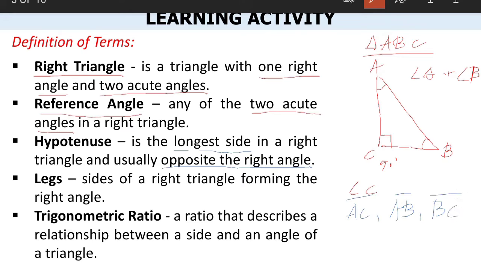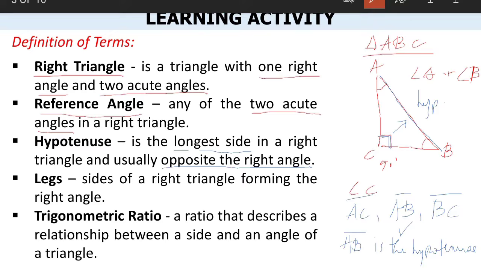Among these sides, the longest is AB. How about opposite the right angle? The right angle is angle C. So the side opposite the right angle is side AB. Therefore, side AB is the hypotenuse.